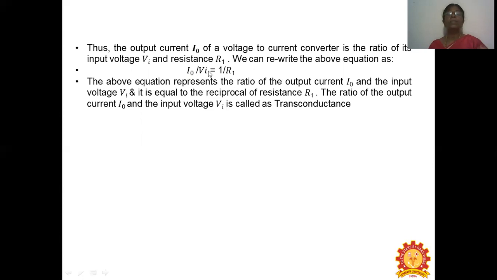From this equation, the ratio of the output current I0 and the input voltage VI is equal to 1 by R1. The ratio of the output current and the input voltage is generally called the transconductance of the circuit.